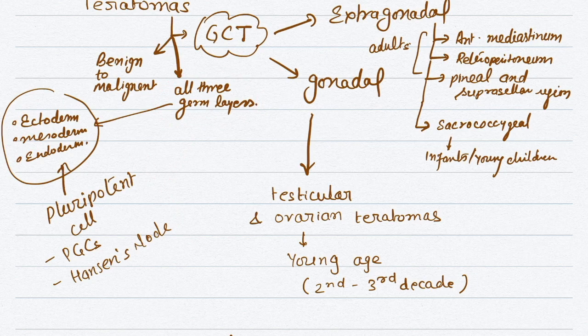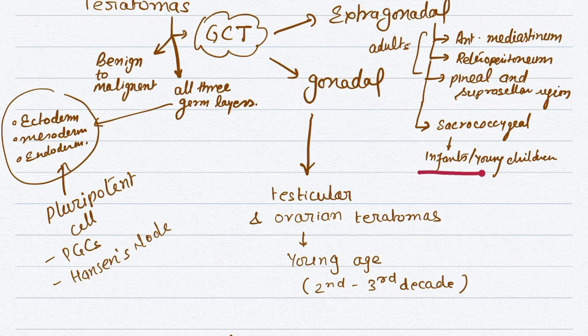Depending on the site, teratomas can be extragonadal or gonadal. In adults, extragonadal teratomas can be seen in the anterior mediastinum, retroperitoneum, or pineal and suprasellar regions.